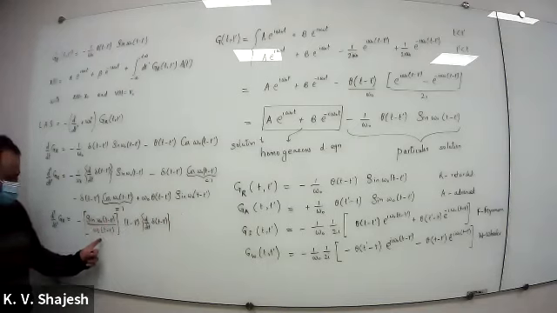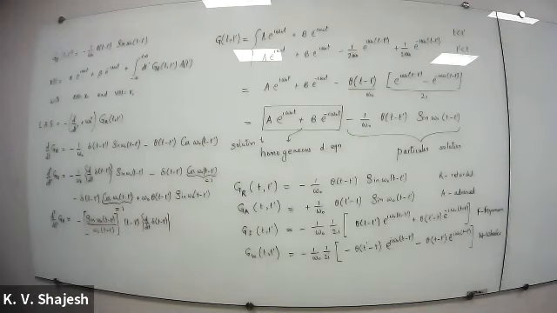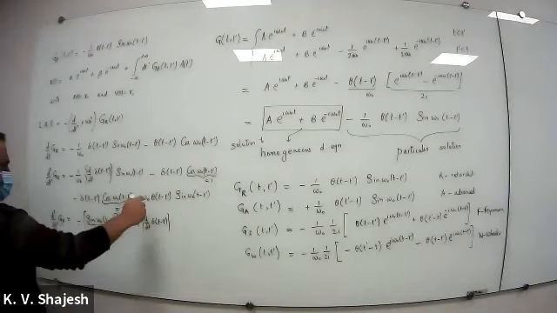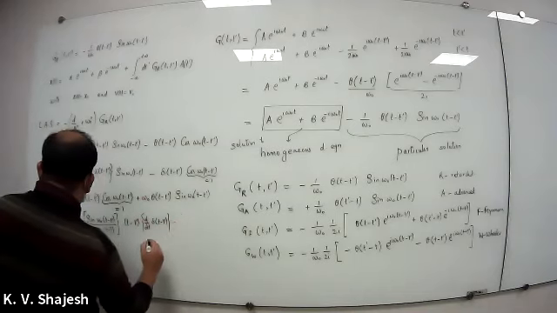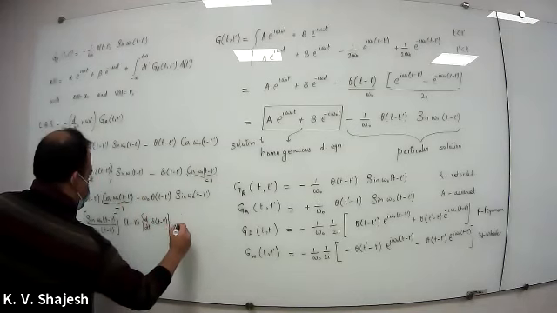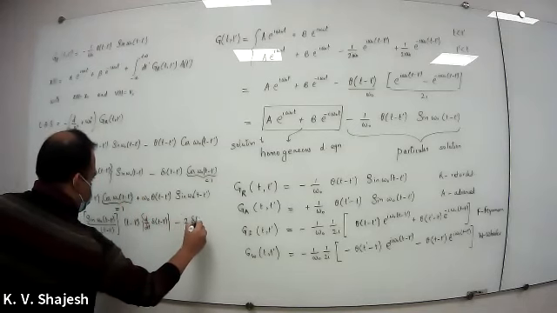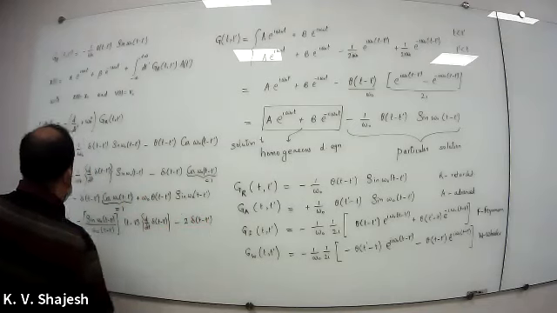This is sine x over x structure, right? In the limit t minus t prime goes to 0, that goes to 1. So that's the reason I put it like that. That's minus 2 times delta function t minus t prime.